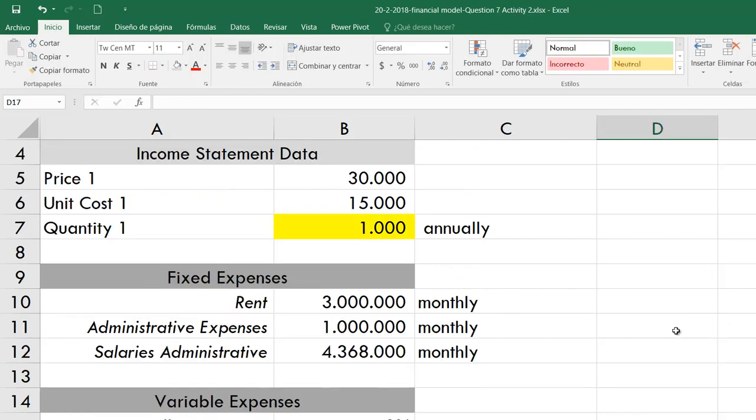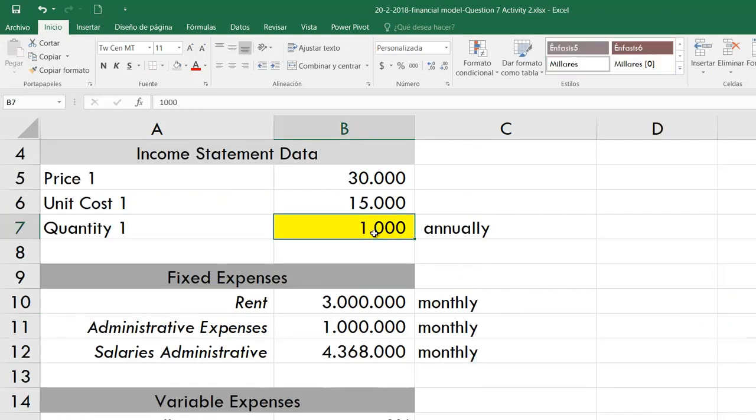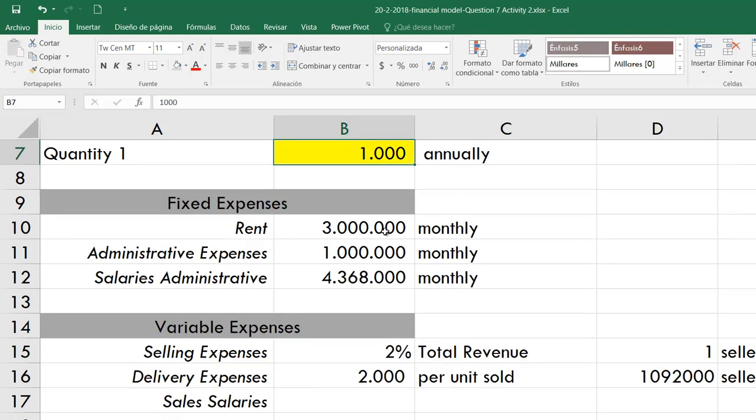This seller can sell, let's say, only 1,000 shirts a year and no more. Whenever I increase my sales by 1,000, I will need to hire an additional seller every time I start selling 1,000 more a year. So this is something that I consider in my business.